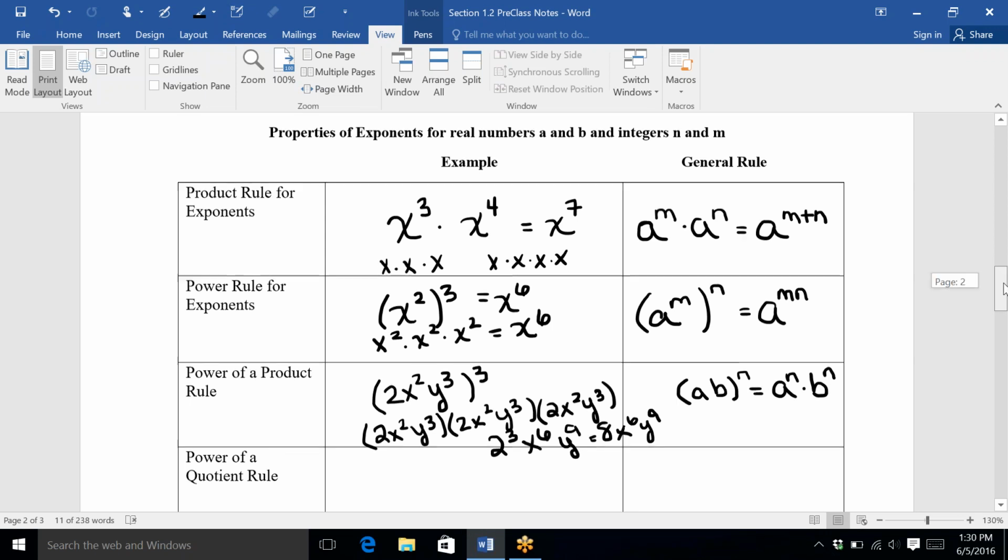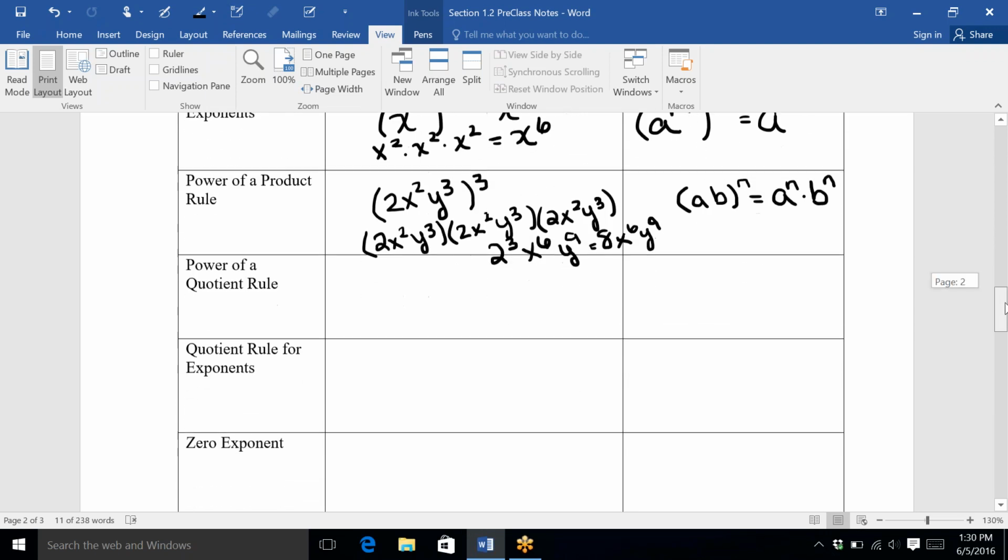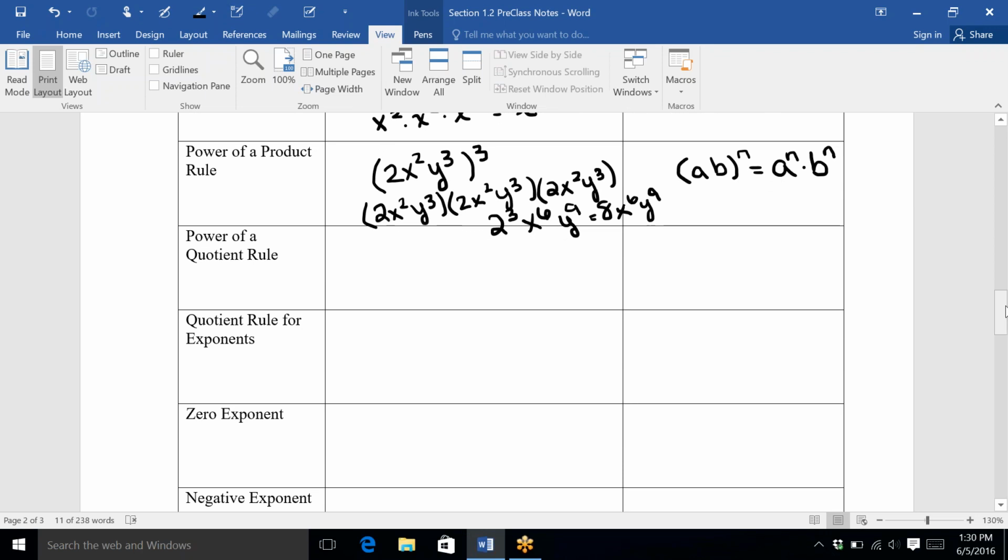Which brings us to our next rule, which is the power of a quotient. This is just the same idea, except now we're putting it into a fraction format. If we were to square that, I'm going to just go to the shorthand right away. This would be x squared squared over y cubed squared. You have the power rule twice. See, this is 2 powers on one base, so that would be multiplication.